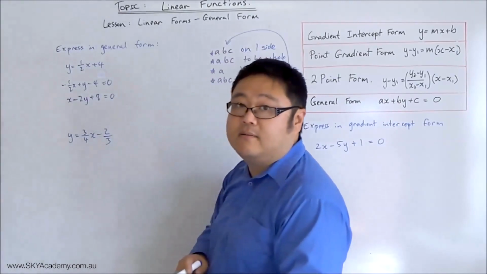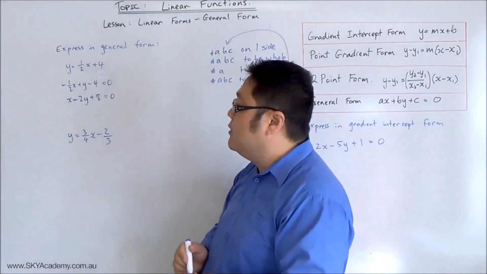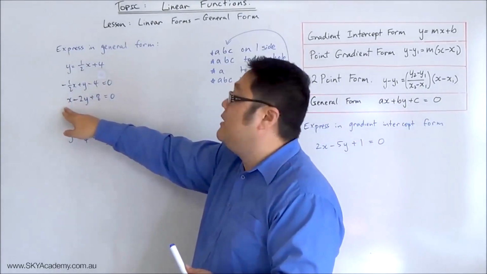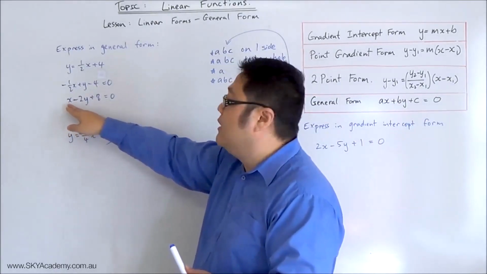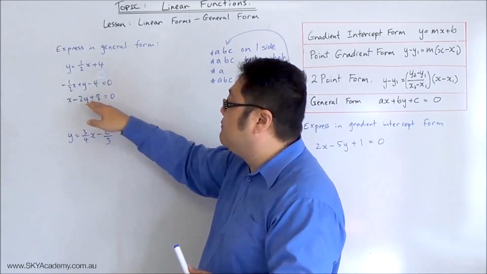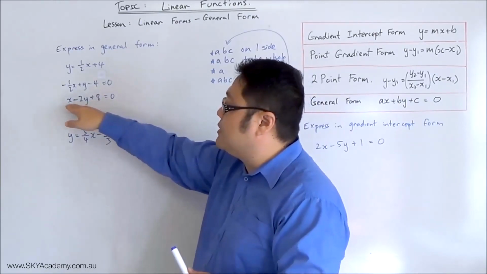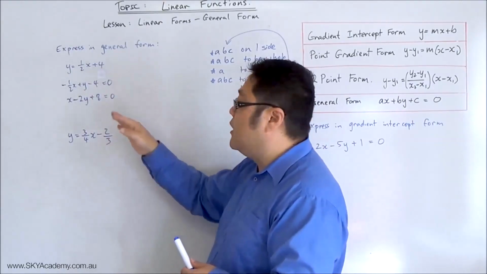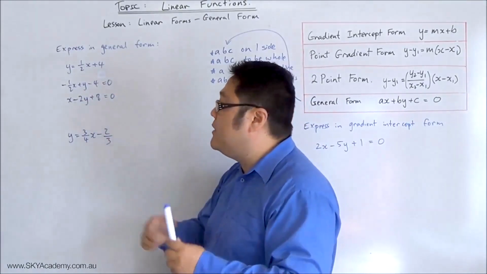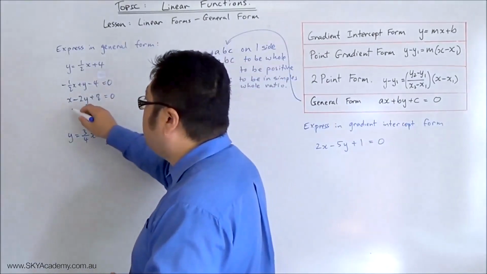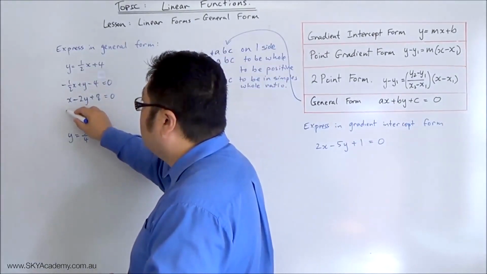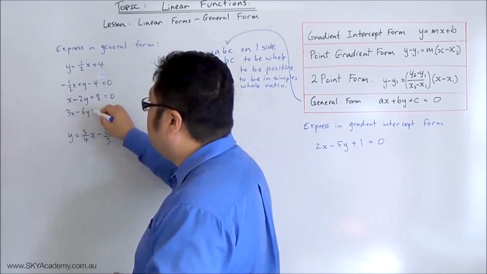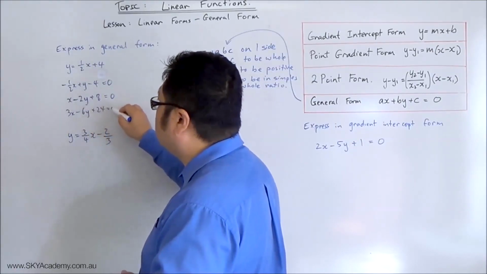Does that make sense, what we did? Then we need to observe, is the coefficient for x positive? Yes, it's positive. Is it in the simplest whole number ratio? Yes, it is. An example of it not being the simplest whole number ratio might be, say, 3x minus 6y plus 24 equals 0.